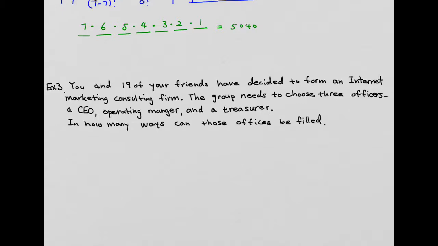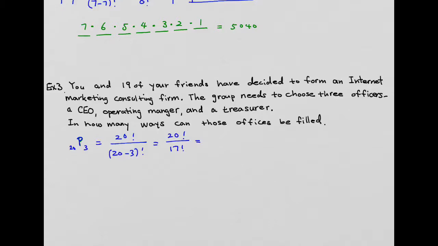For the permutation, we ask how many options we have. Out of 20 people, you're picking 3 officers. So 20 factorial over 20 minus 3 factorial. That gives you 20 factorial over 17 factorial.